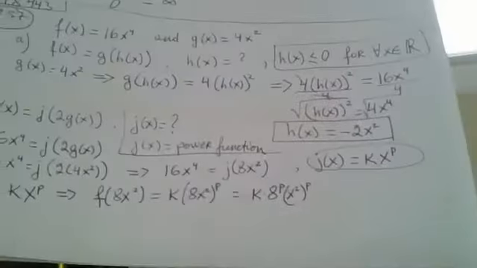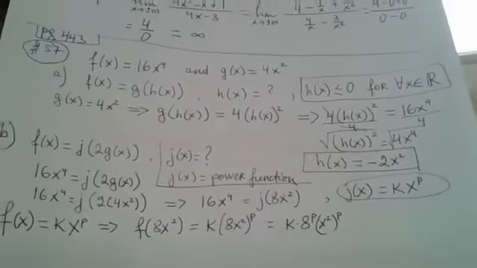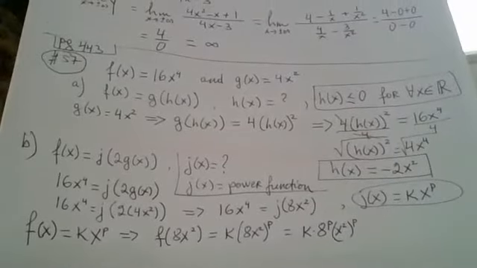Can I separately raise to this power 8 and that x squared? Yes. If I have x squared to the p power, is it x to the 2p? Yes. Simplify: k times 8 to the p times x to the 2p as a power.